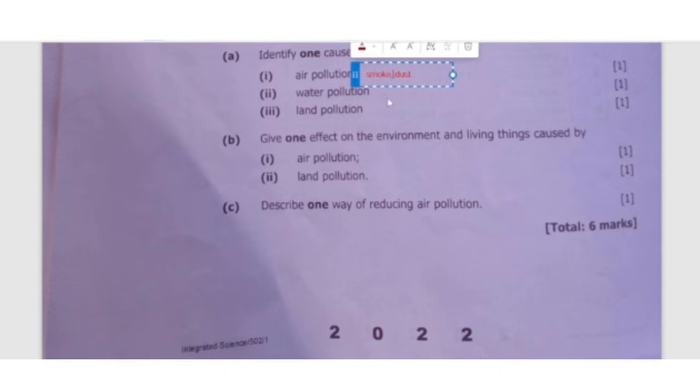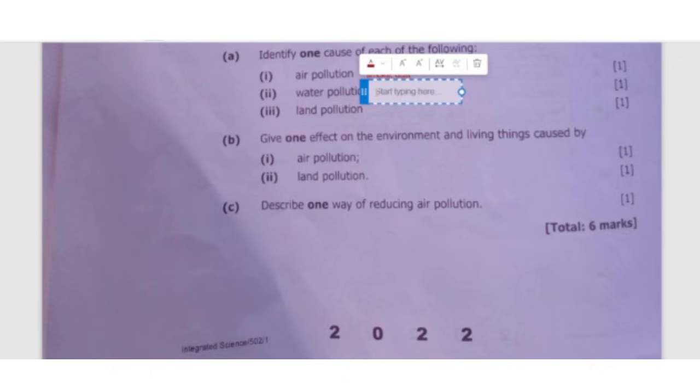Okay, we go to number 2. What causes water pollution? Water pollution may be caused due to untreated sewage going into the river. So I can say untreated sewage.